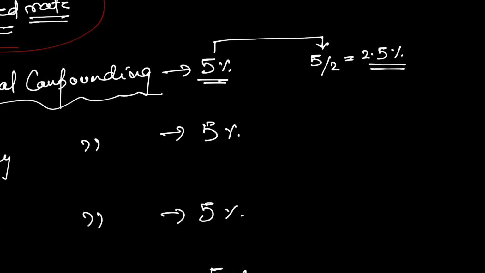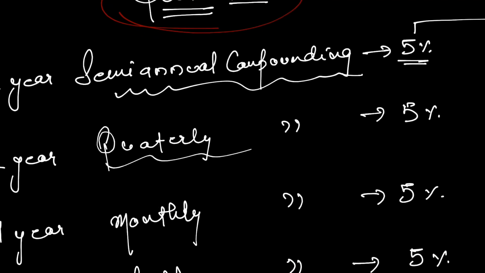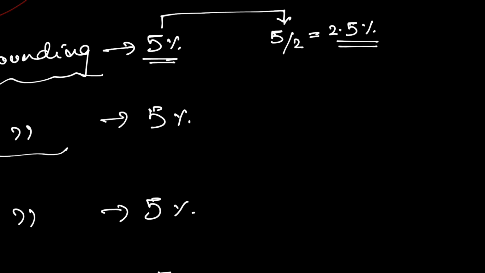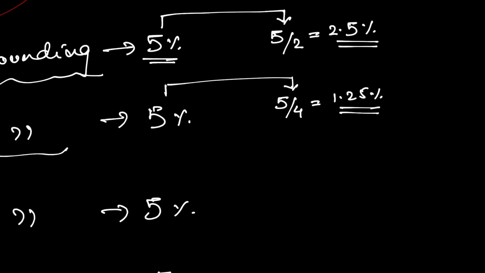Similarly, if the word is quarterly compounding, the first thing that you should understand is that the hidden effective rate is of 3 months or 1 quarter. So 5/4, that is 1.25%, is the effective interest rate of 1 quarter.